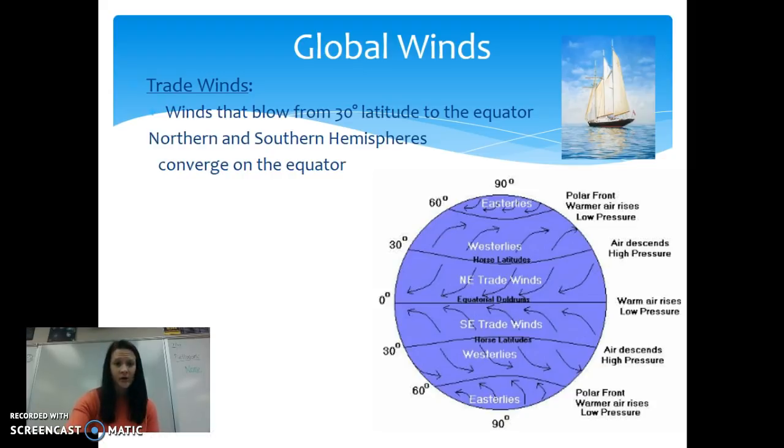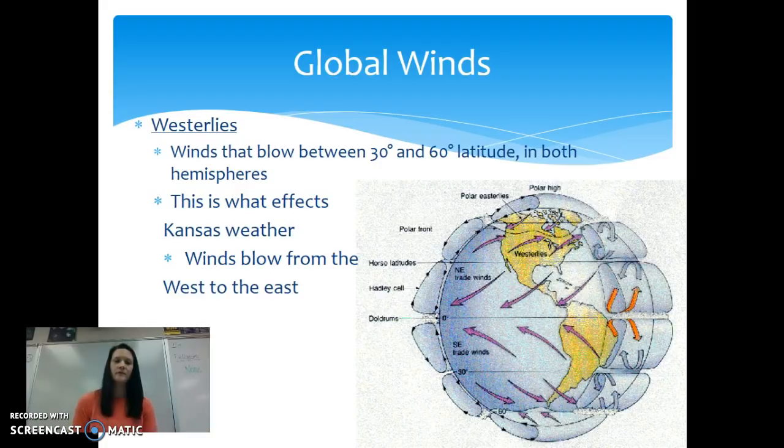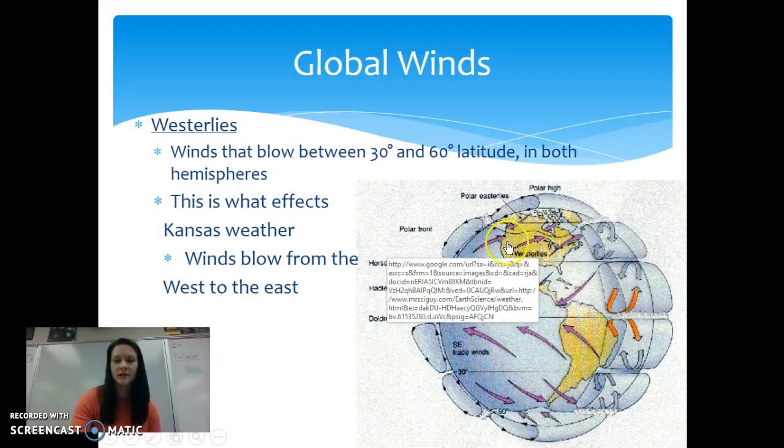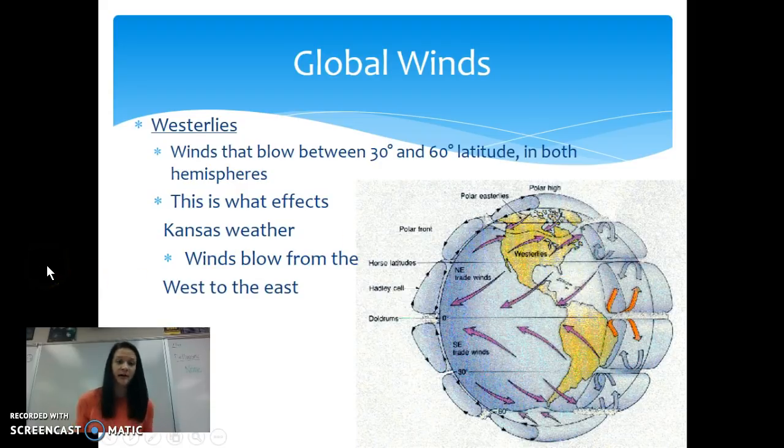The next zone that you would need to know, they're called the westerlies. So these are the winds that blow from 30 degrees to 60 degrees latitude in both hemispheres. So this is what affects Kansas. We are in that temperate zone of the westerlies, so we're right here, which is what most of the United States is.